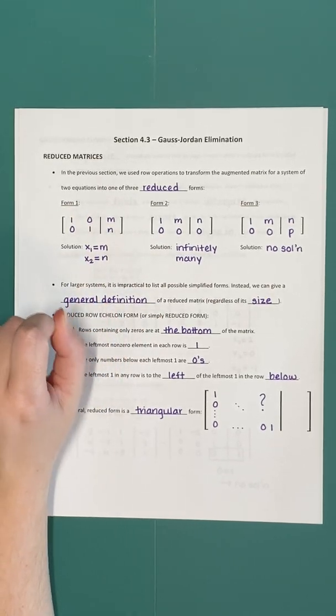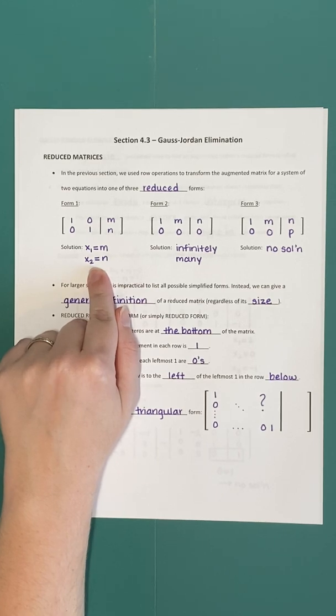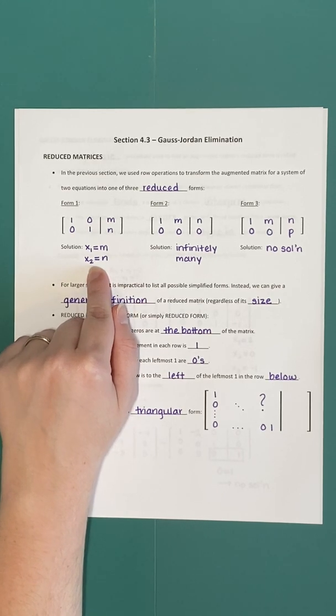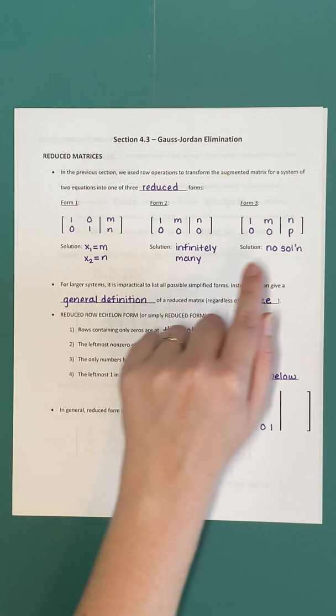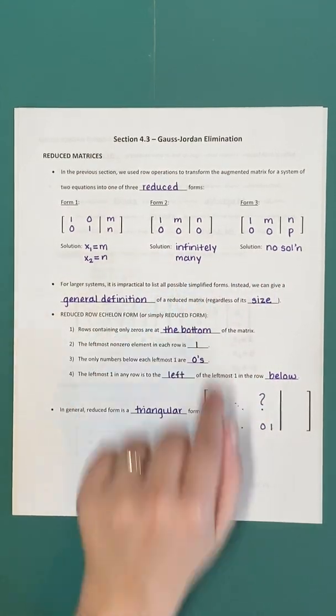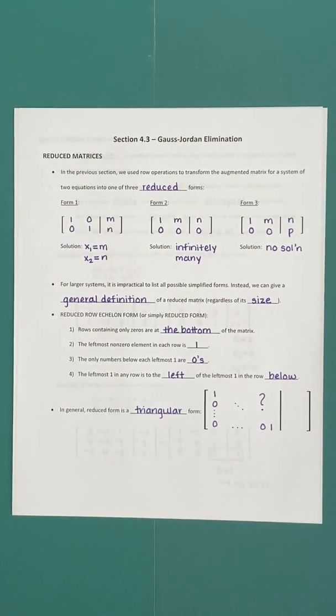If you fall under that case, then automatically it means you're in case 1 in terms of finding a unique solution. These 2 possibilities are where the forms get more complicated. Whenever we have a larger system, infinitely many solutions can look a variety of different ways, and no solution can also look a variety of different ways.